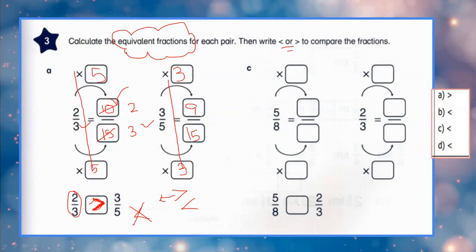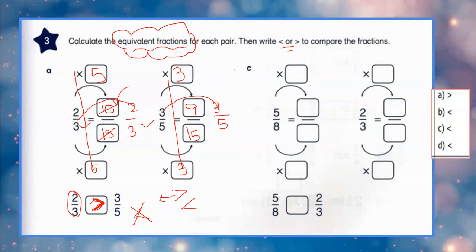When I solve it, 9 and 15 both come in the 3 table, and it reduces to 3 upon 5. Look over here, I'm getting this again. That's why they are giving you the word equivalent fractions.